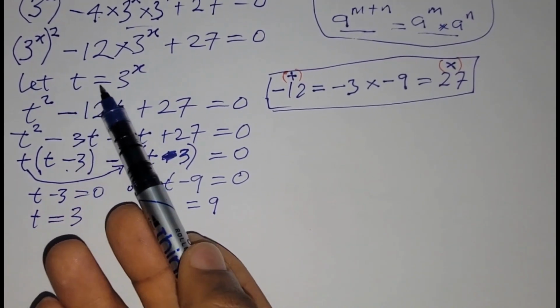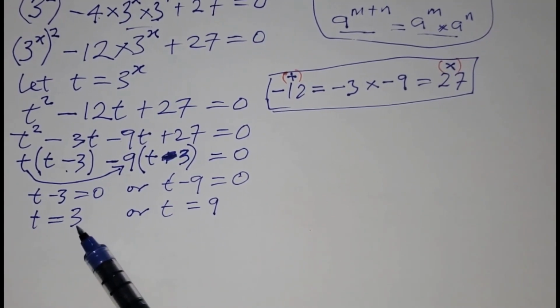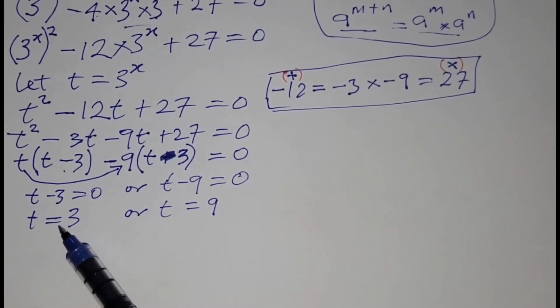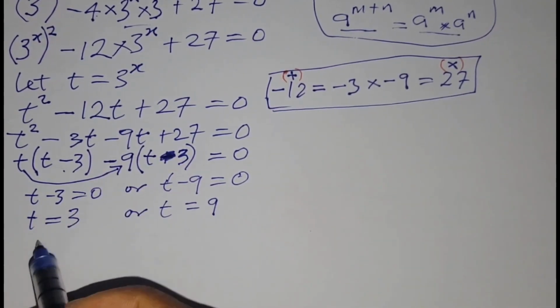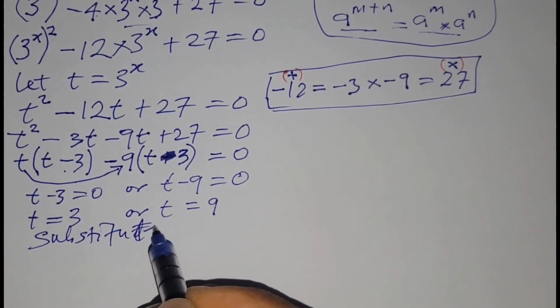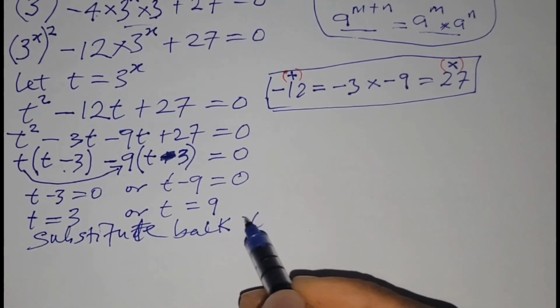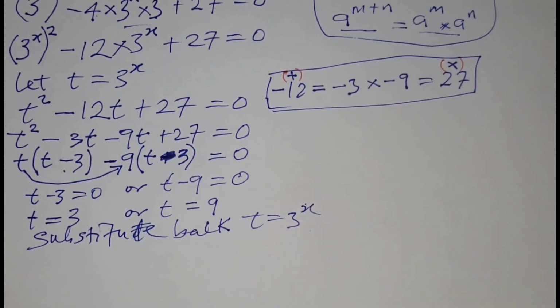Remember our t is equal to 3 raised to power x, and the answer here is t equal to 3. So we are going to substitute back these values into this place. When you do that, for this first one here, we have 3 raised to power x equal to 3, and you know that 3 is the same as 3 raised to power 1.